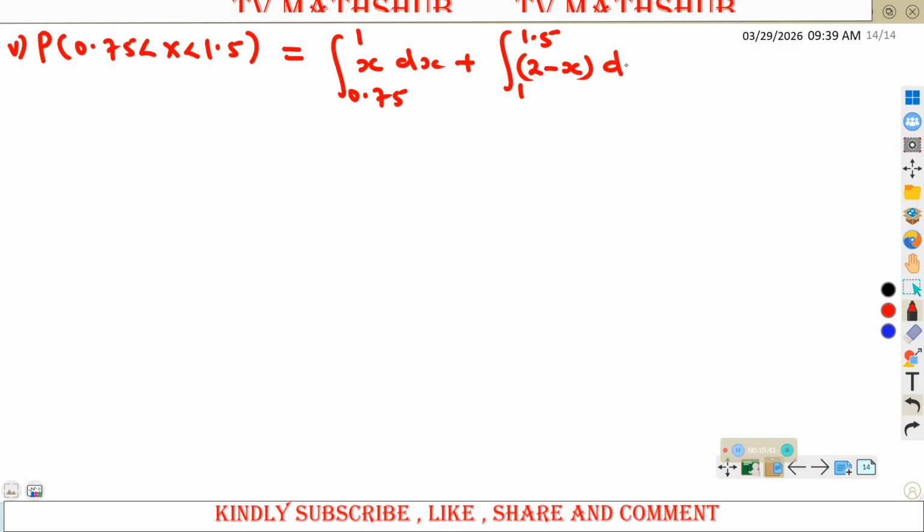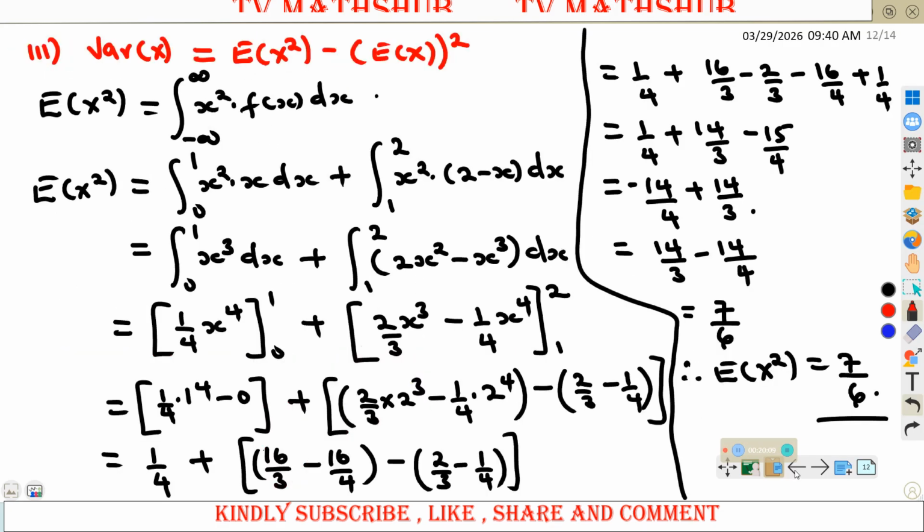So don't integrate directly from 0.75 to 1.5, because from there we have different functions. So you must be careful. From 0.75 to 1, that function is x. Then from 1 to 1.5, there is another function. Let us look at that.